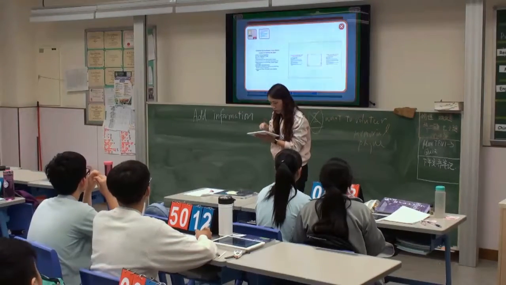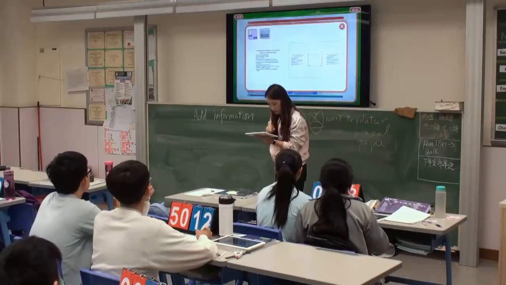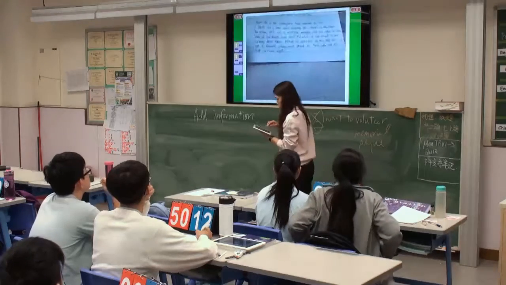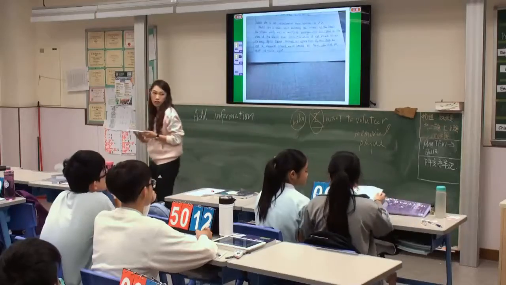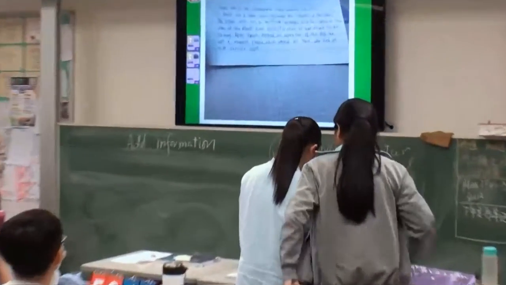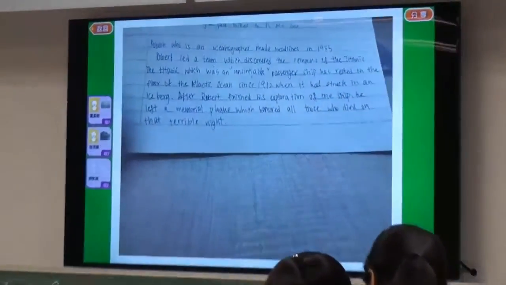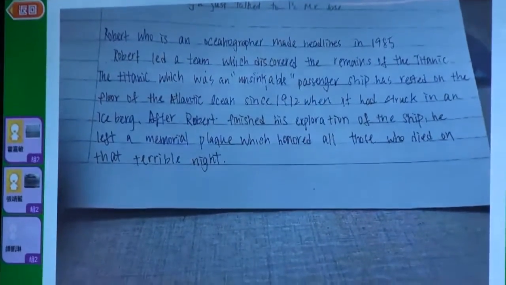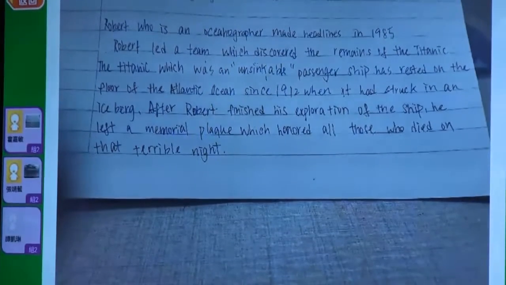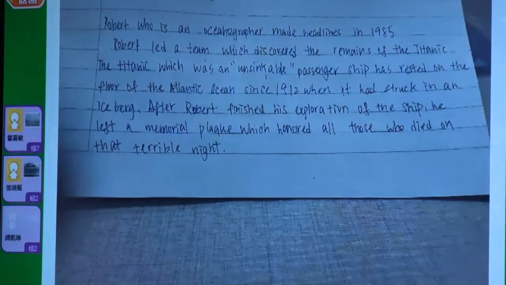So let's see. I saw one group is done. Carmen's group. Carmen and Kiwi, can you read them? Read your story out loudly. Go. Robert, who is an oceanographer, made headlines in 1985. Robert led a team which discovered the remains of the Titanic.